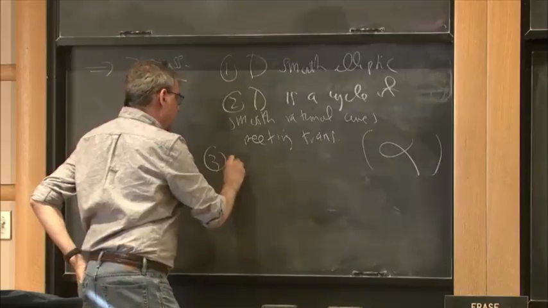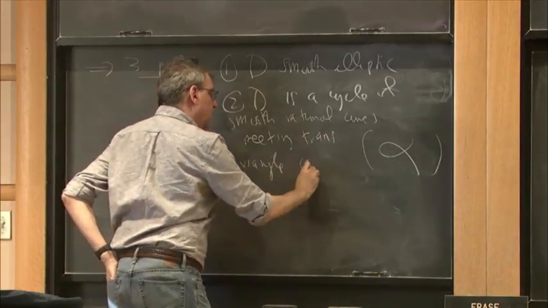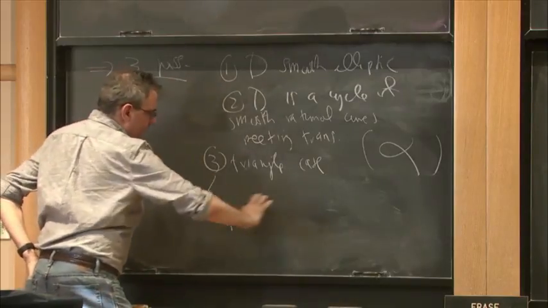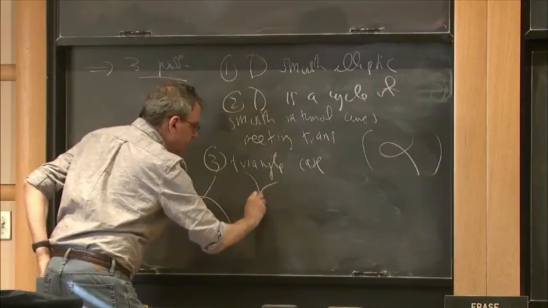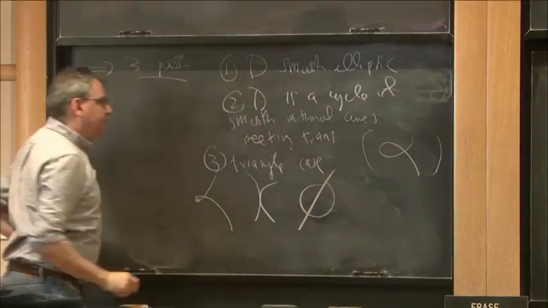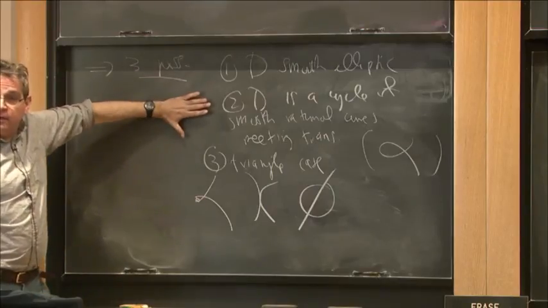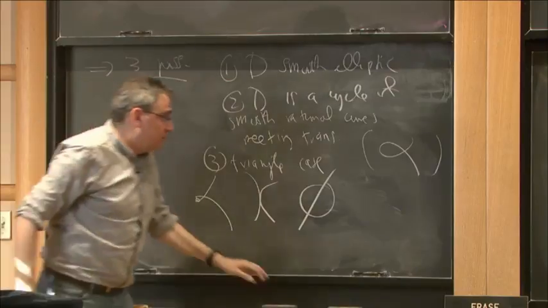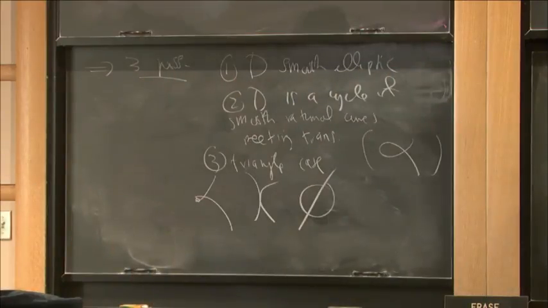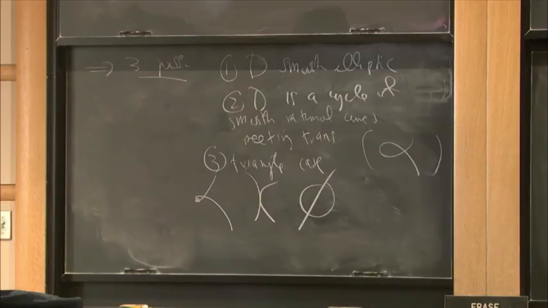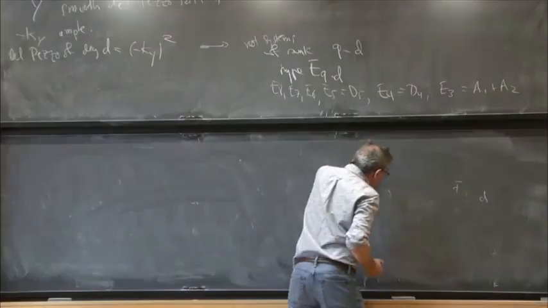Or this is a so-called triangle case, which is that D looks like a reduced Kodaira fiber which doesn't have normal crossings. I'll draw the picture, but these are sort of exceptional, and there are only three of them. So in the first and the third case, the supply is not that plentiful. It's really in case 2 that we get a large supply. So the assumption throughout now will be that we're in case 2, that D is a section of minus K and D is a cycle of smooth rational curves. Although certainly many of the things I say will apply to the other cases as well.